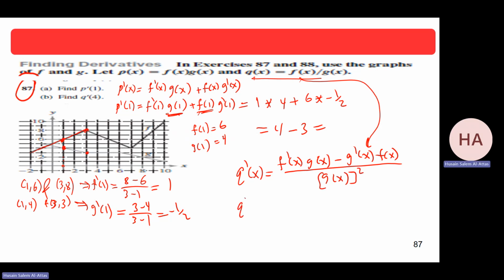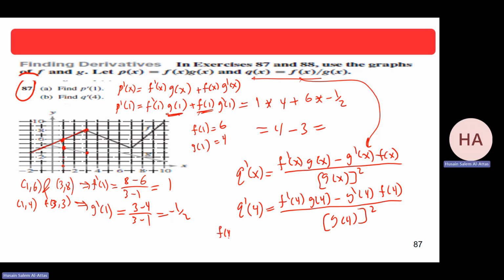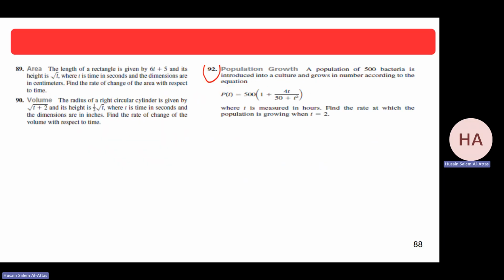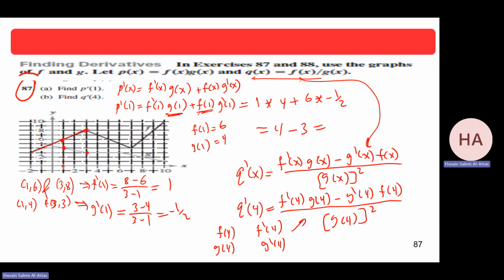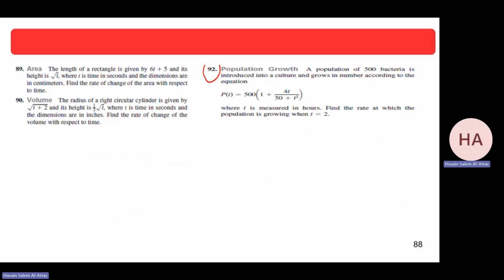So to find q prime at 4, you need f prime at 4, g at 4, minus g prime at 4, f at 4, over g at 4 squared. So you need f at 4, g at 4, f prime at 4, g prime at 4, and you just plug them in. If I have a nice graph, I can do it. I think we did something similar in the old exam, so you can see it from there.